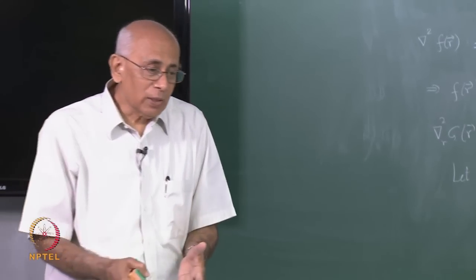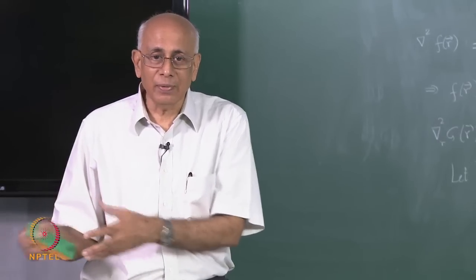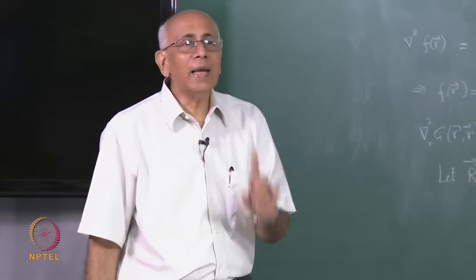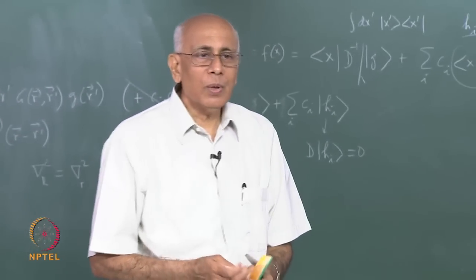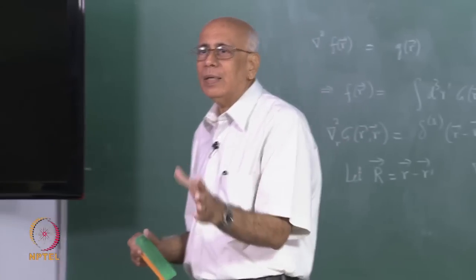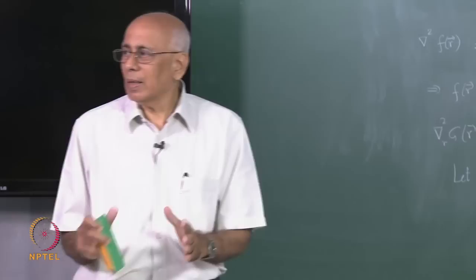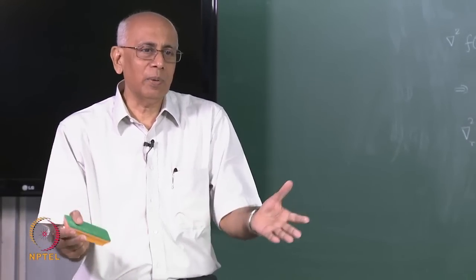The d2 over dx2 was also d2 over d(x minus x prime)2, and the delta of x minus x prime is a function of x minus x prime, and yet the Green function did not turn out to be a function of x minus x prime. What happened? Finite boundaries. The boundary condition broke the translational invariance. So you can't shift arbitrarily because there are finite boundaries.